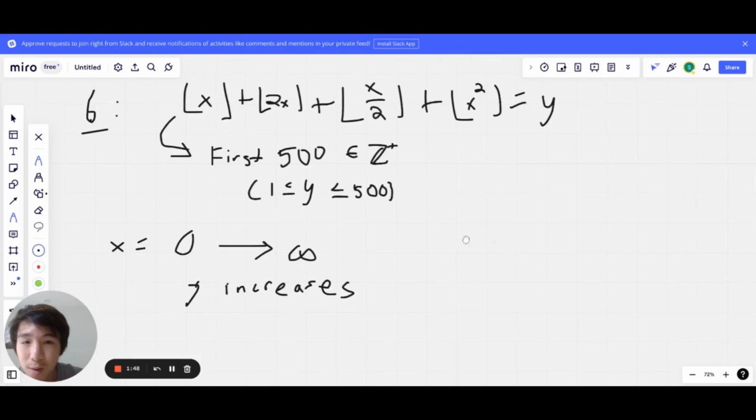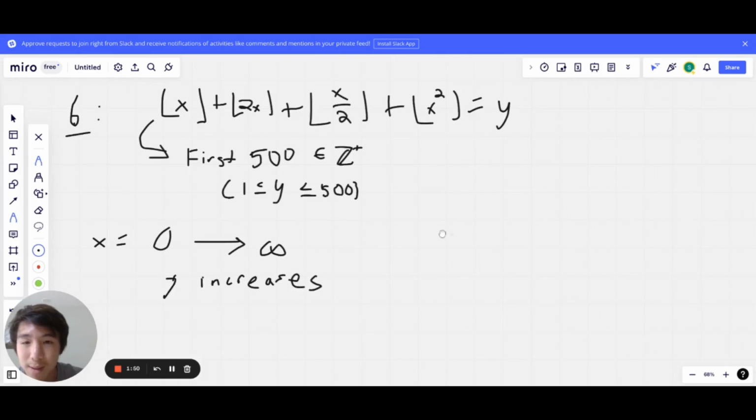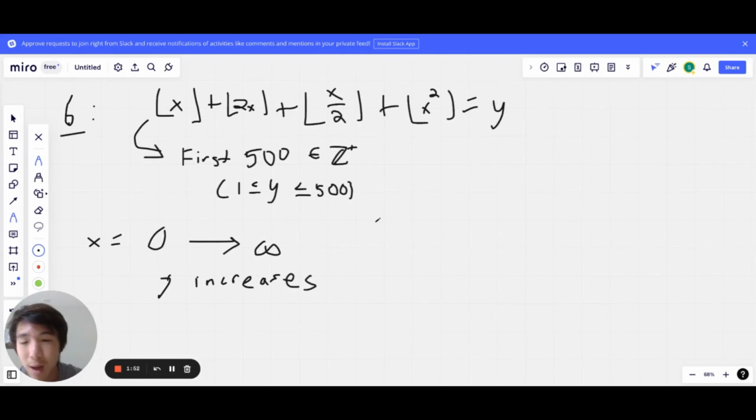So first of all, we can look for a value that makes y the highest possible integer below 500. This may be 500, it may be less than 500, but we'll see first. So looking at these four values, a reasonable guess would be x equals 20. And what we find is that when x equals 20, we get y is equal to 20 plus 40 plus 10 plus 400 is equal to 470.